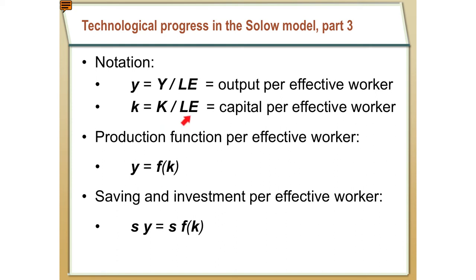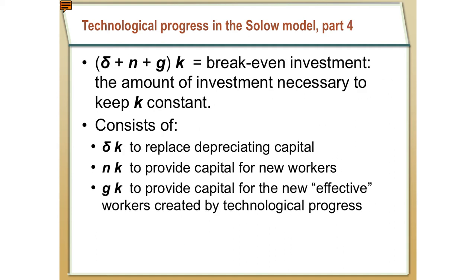It's K divided by L times E instead of just K divided by L. Savings and investment per effective worker look exactly the same, but again, we have to realize that y is now Y divided by L times E, and k is now K divided by L times E. So a bit of good news, the way that we can use the model graphically and mathematically changes very little when we add technological change to the mix here.